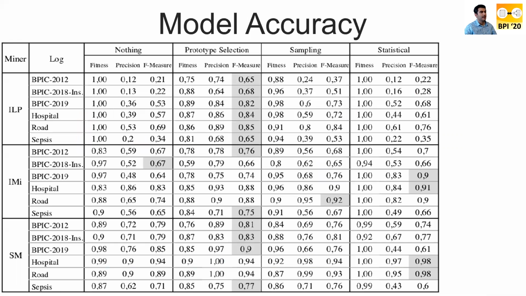Here you can see the average results of fitness, precision, and F measure when we use different pre-processing methods and different process discovery algorithms.